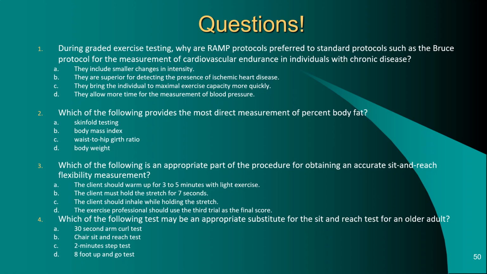Or the 8-foot up and go test. Right, that one is more how nimble you are, how quick you can get up and go. The one that makes the most sense would be, if you were thinking it, chair sit and reach test, and that would be correct.